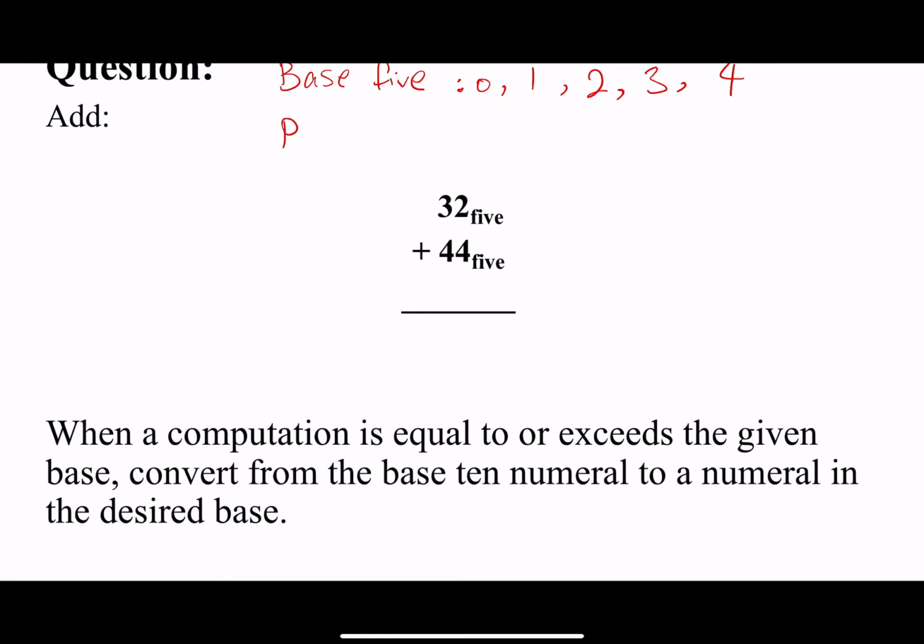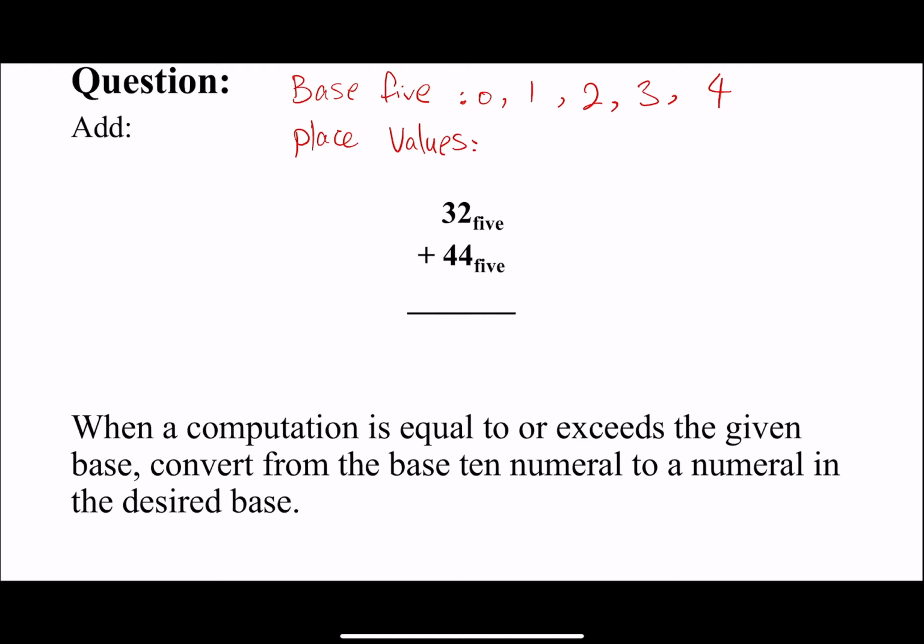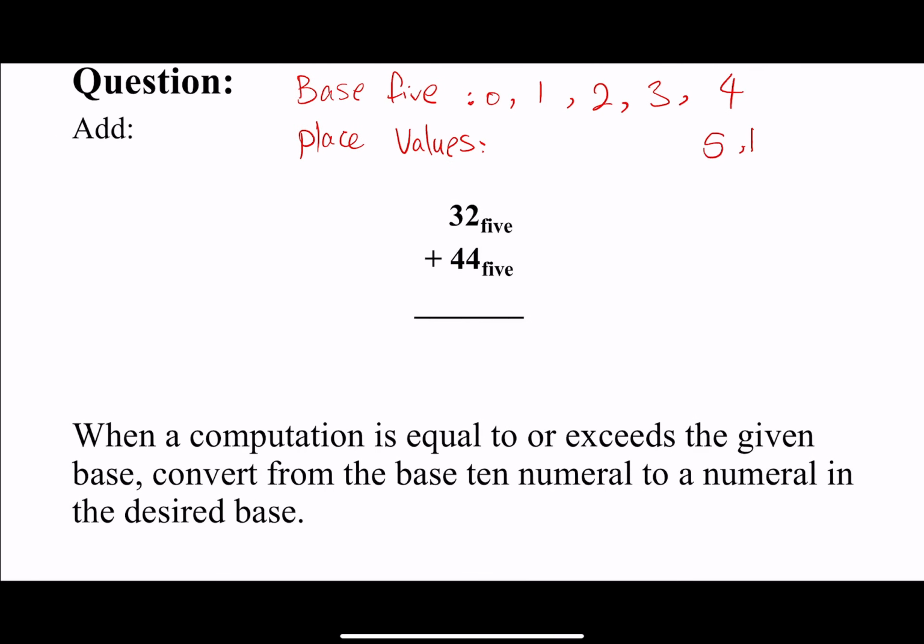So I write down the place values. The place values are powers of 5: 1, 5 to the first power, 5 to the second power, 5 to the third power, 5 to the fourth power, and so on.